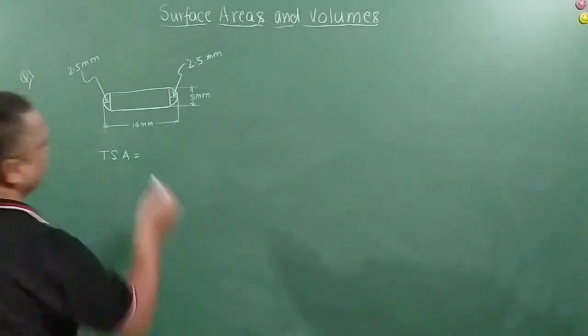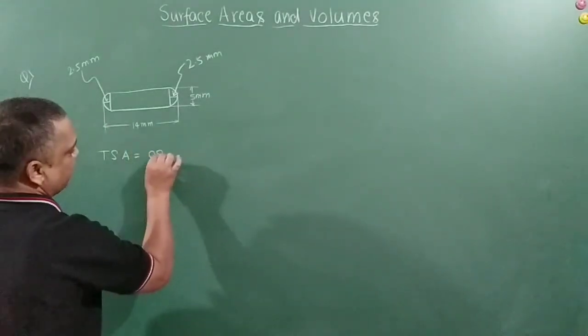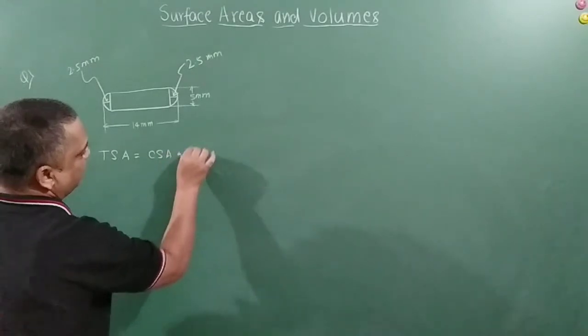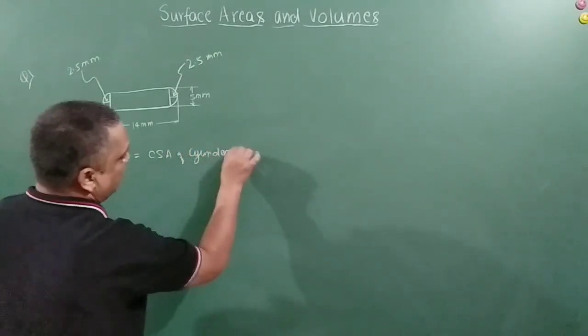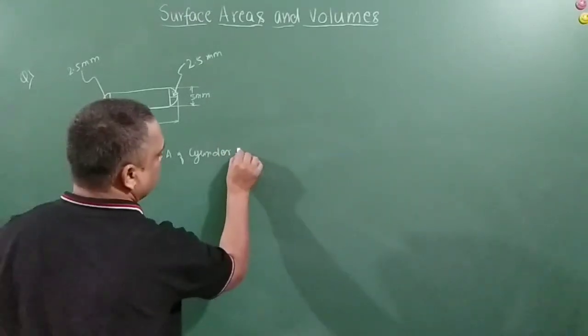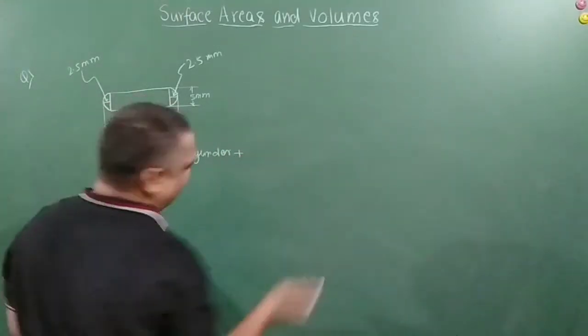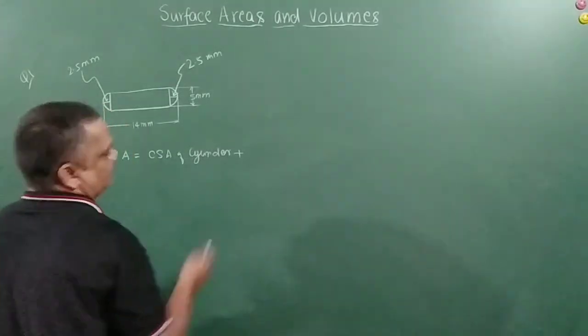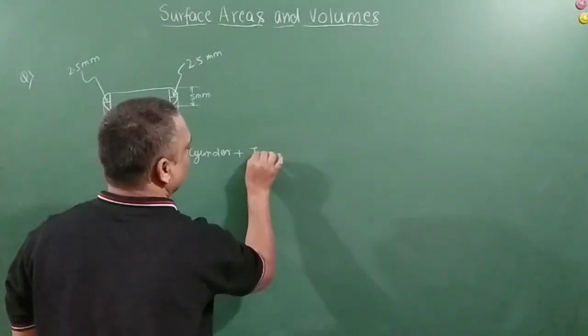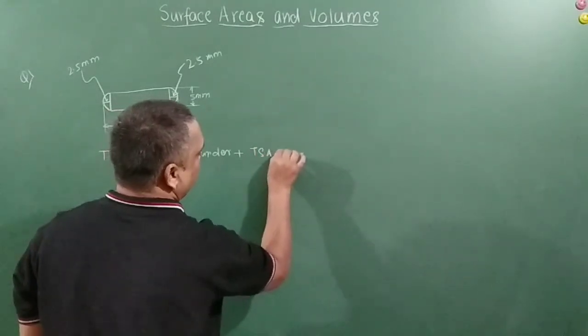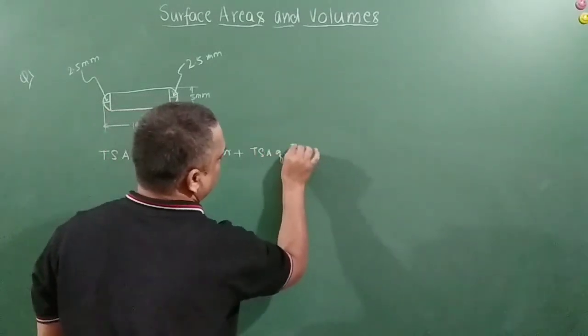So total surface area will be CSA, curved surface area of cylinder, plus, either you take curved or total, for sphere it is same. So total surface area of sphere.